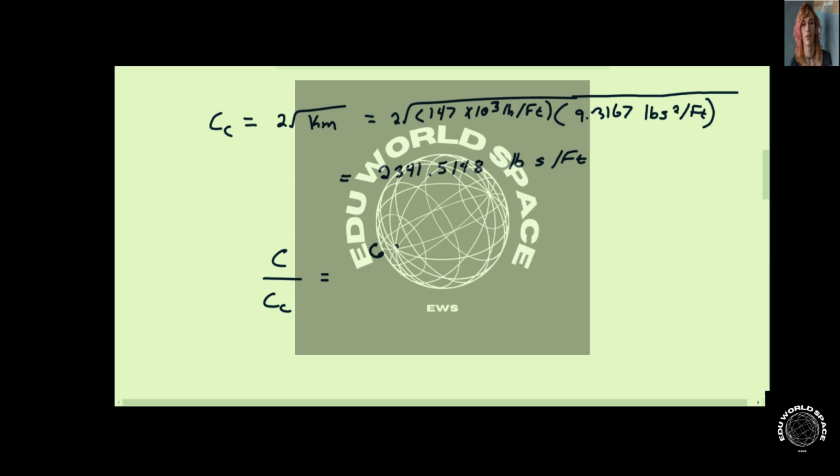So we get 68.28 divided by 2341.5148. And we'll divide it. And again, the units cancel each other out, so we don't have to write it. And it's going to be 0.0292. And that is your answer, okay, guys?